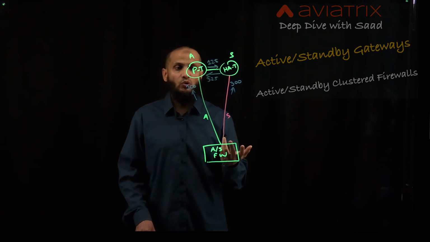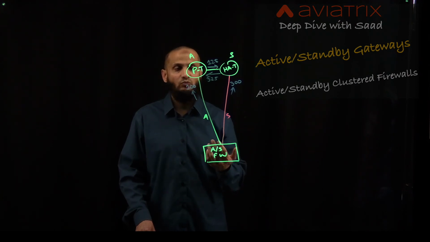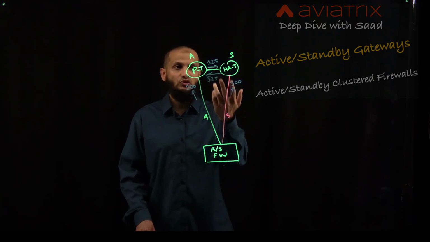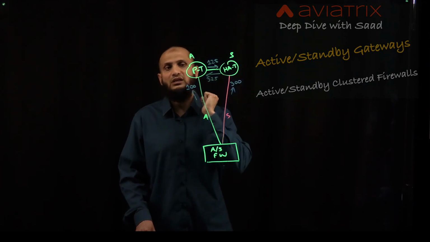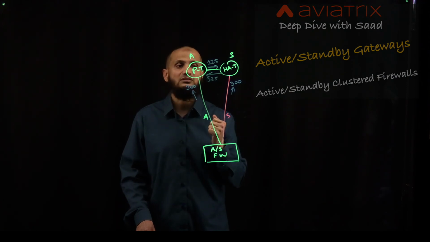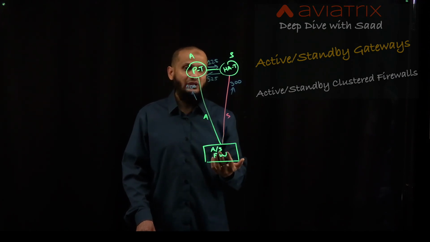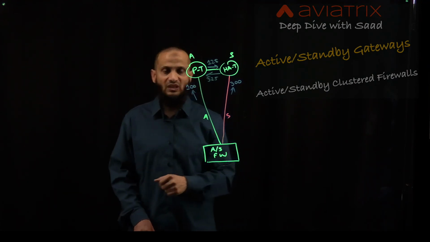The switchover depends on whether your preemptive setting is set to preemptive or non-preemptive. If it is set to preemptive, then the controller is going to switch the active from the HA gateway over to the primary gateway one more time. But just remember, this is a disruptive process. By default, when you enable active standby on the Aviatrix controller, this setting is non-preemptive in nature.